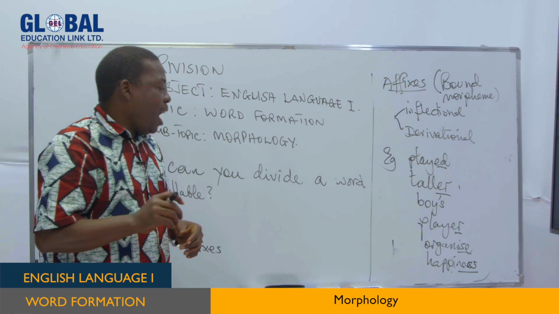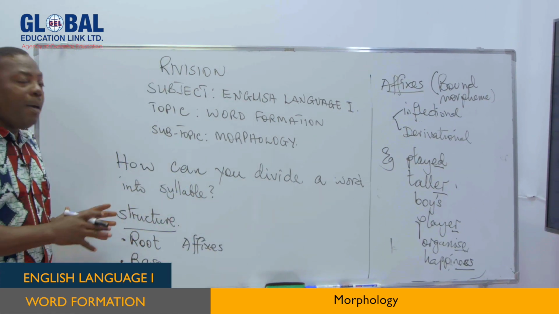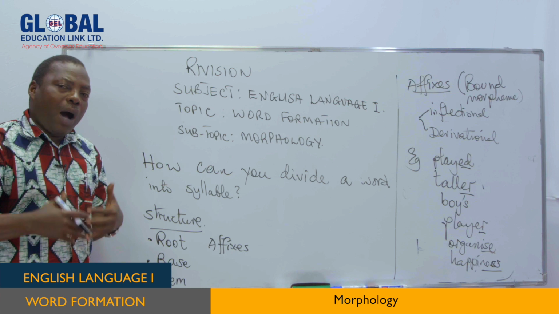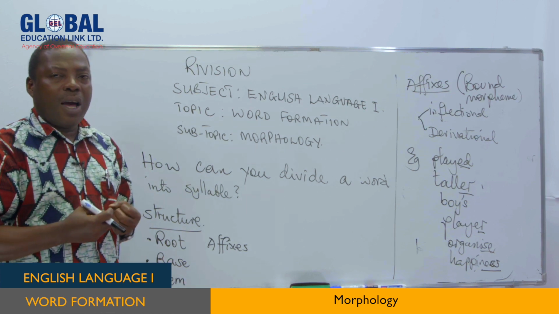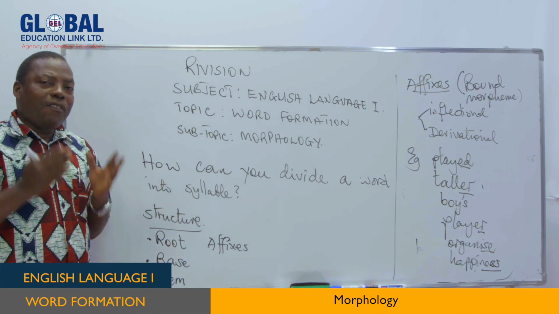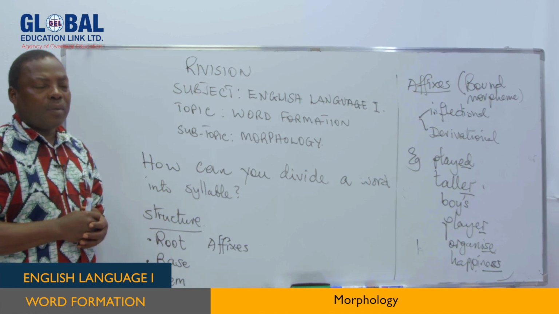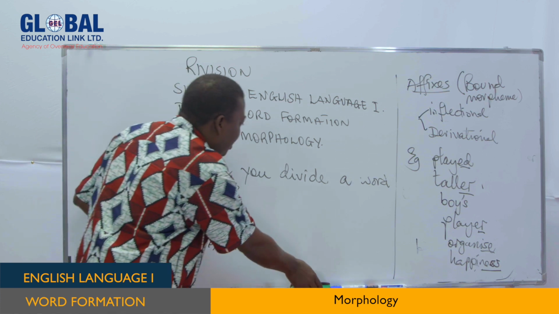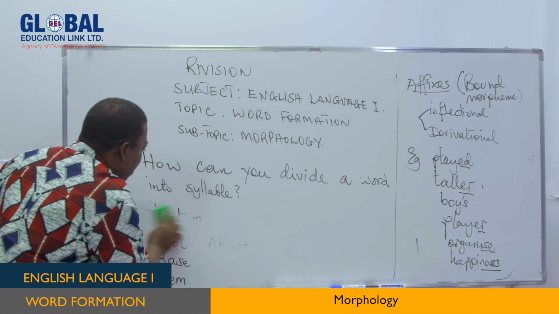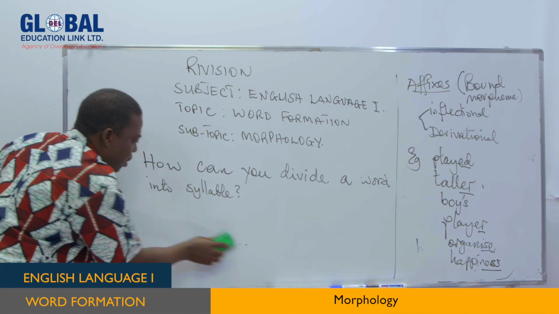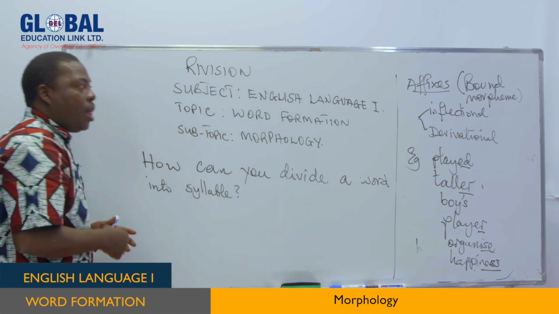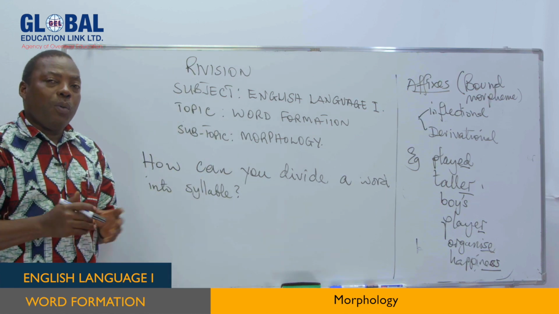So, having understood these elements, it now becomes our task to see how we can divide words into syllables. How can we divide words into syllables? Because now we know that we have elements in a word.